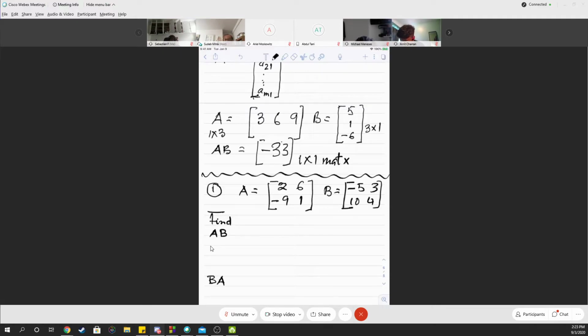Professor, how did you get negative 33 for the 1 by 1 matrix AB? Yeah, it is 3 times 5, 15, plus 6, 21. 6 nines are 54, no? 21 minus 54.